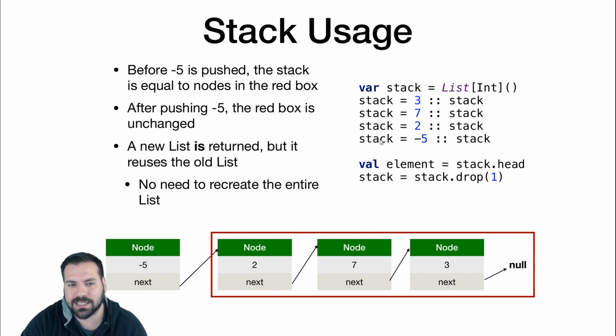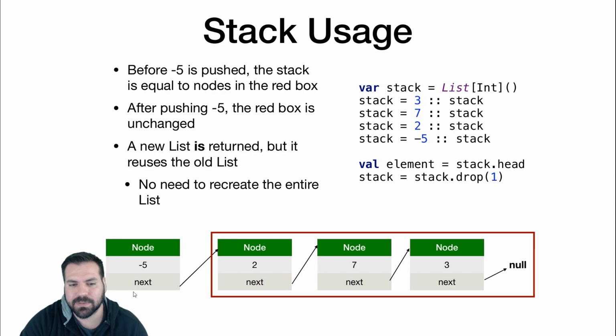And then after this line, stack refers to this object on the heap. And then we're going to say stack equals stack dot drop 1, which is the same as stack dot tail, which is the same as a reference to next in our terminology. So now after this line is executed, stack is a variable on the stack that has a reference to this object on the heap.